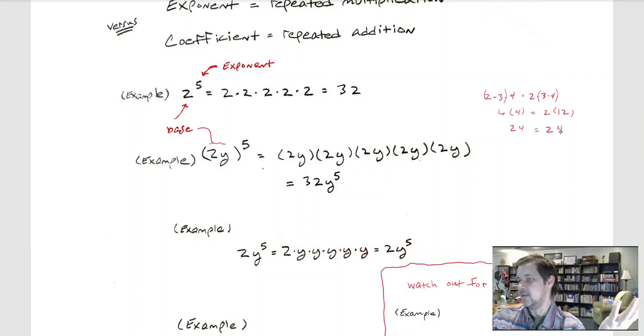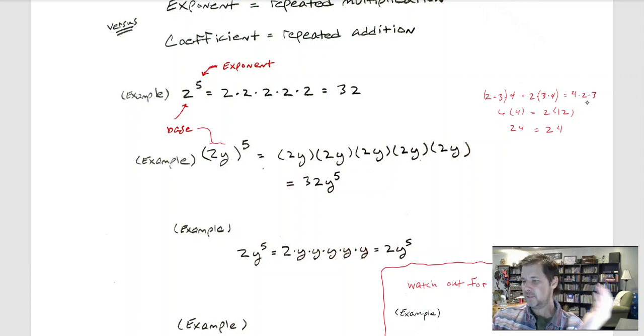See how I get the same thing? So the order you multiply numbers doesn't matter. In addition to that, you can rearrange them. So I could even say, well, 2 times 3 times 4, it doesn't even have to be in that arrangement. It could be 4 times 2 times 3. You can mix it up any way you want, okay? That's called the commutative property.